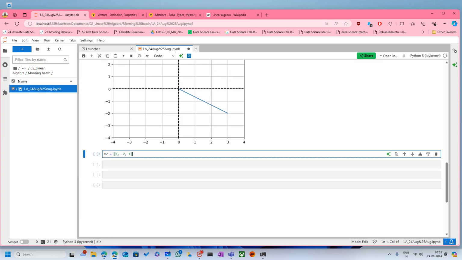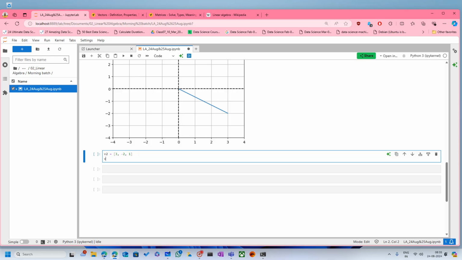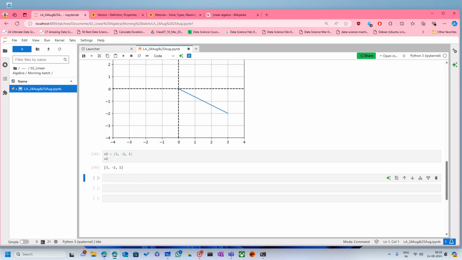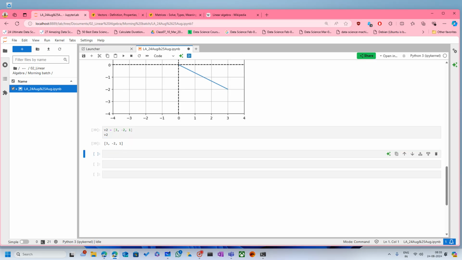We had this 3D vector. Now, for us to visualize this 3D vector, we'll have to draw a 3D plot. How to do that: we have the figure method, which is already provided.